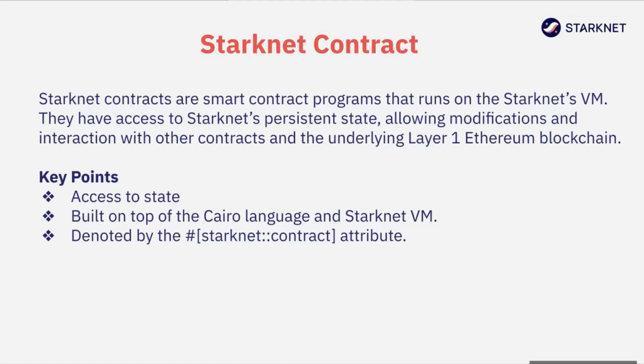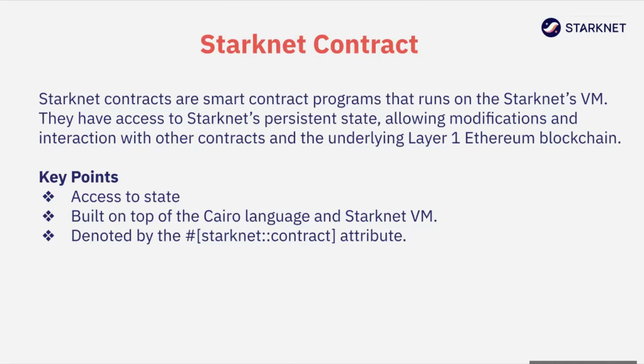For the compiler to know that the contract you're working on is a StarkNet contract, you have to denote it with this attribute, which is hash StarkNet contract. When you have this in your contract, it denotes it as a StarkNet contract. So from this, we can draw a conclusion that Cairo programs can stand on their own.